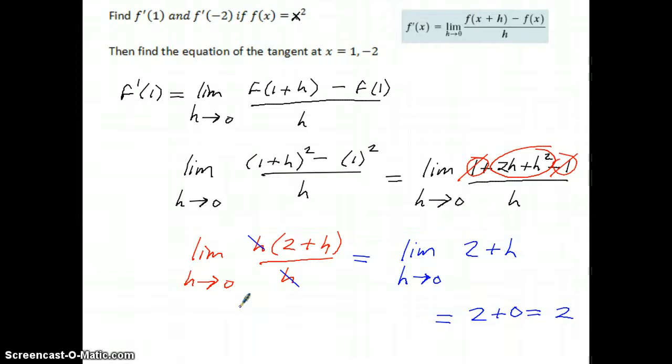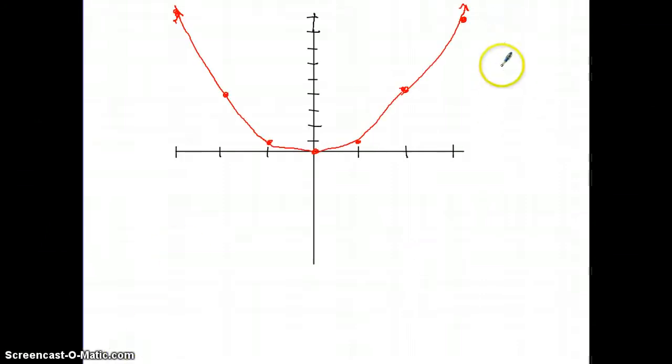Let's get a visual of what's going on here. What I need to do is graph f of x equals x squared. So I'm going to go ahead and graph this. Okay, so here we want to understand what f prime of 1 really means.